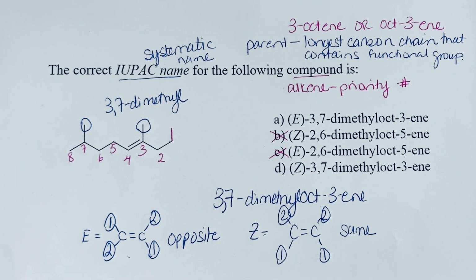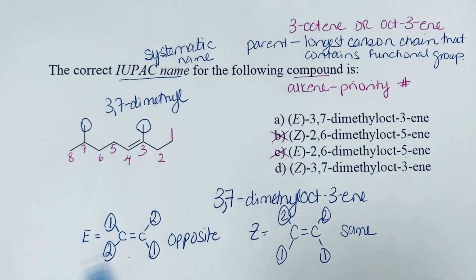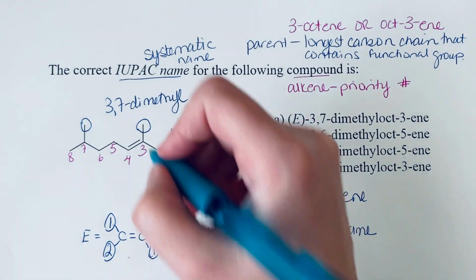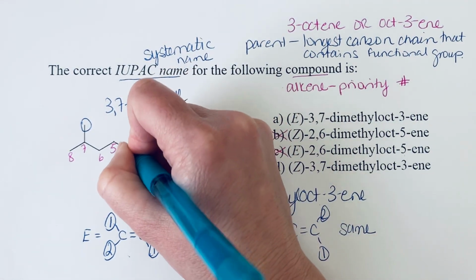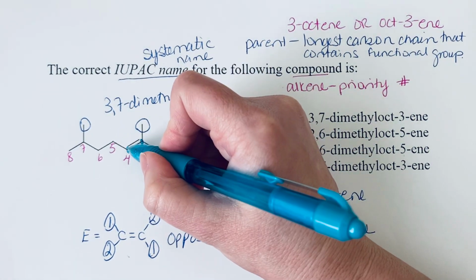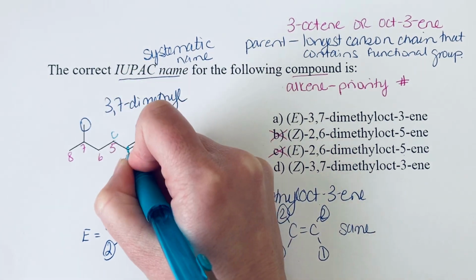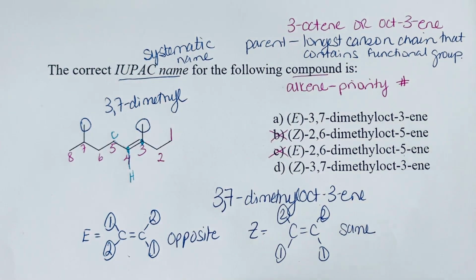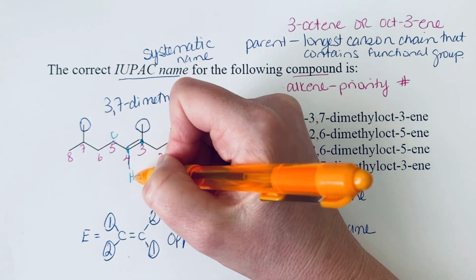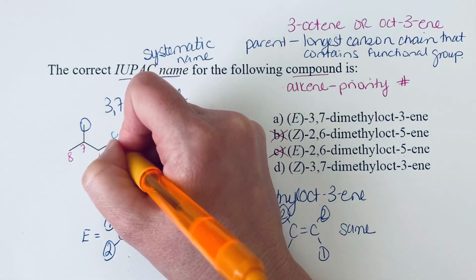So we need to assign the priorities on these carbon atoms. So if we look at carbon 4 will be the easiest one. If we look in this direction, we have a bond to a carbon. And straight down, we have a bond to a hydrogen. So what that means is that our high priority group, because we compare carbon and hydrogen, carbon has a higher atomic number.